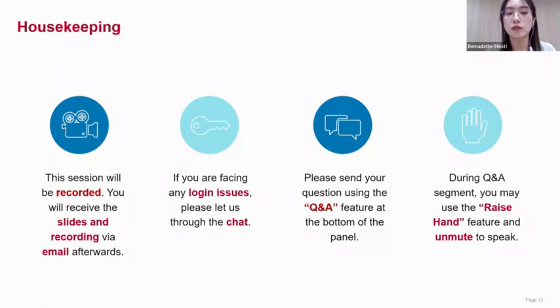For any other general inquiries or questions apart from password issues, you may type them into the Q&A panel, and again, you may find it at the bottom of your screen. At the end of the session, we will collect all your questions and address them during the Q&A segment after Swee Min's presentation. During the Q&A segment, if you wish to share your questions verbally, you may use the raise hand feature and unmute to speak.